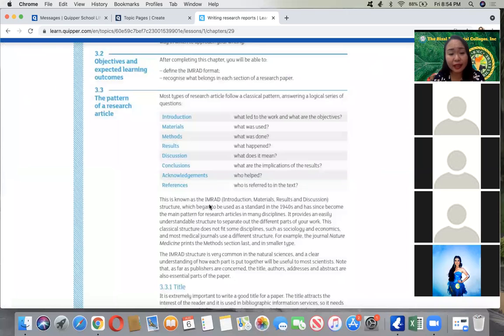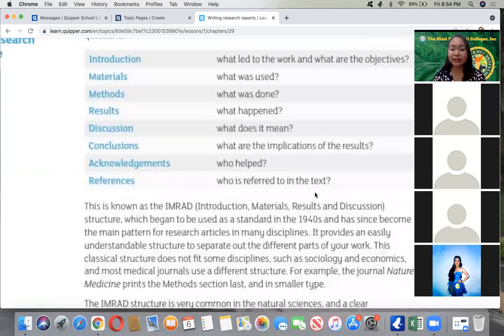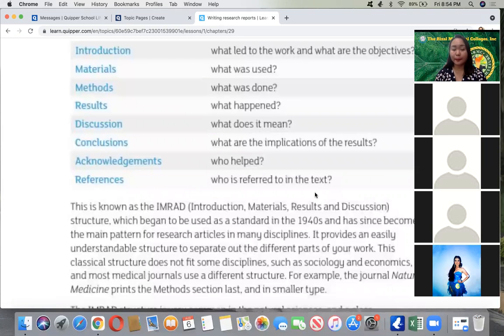So again, lastly, you will have references which are referred to in the text. My reminder to you, aside from following the format in your references: we have the MLA format and the APA format, right?